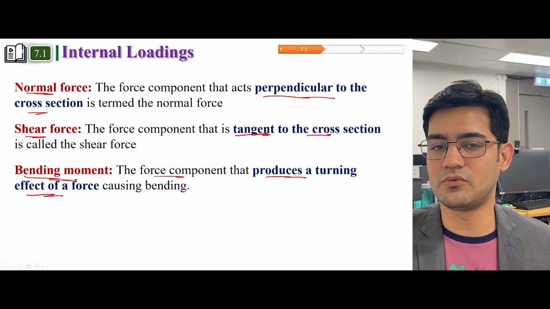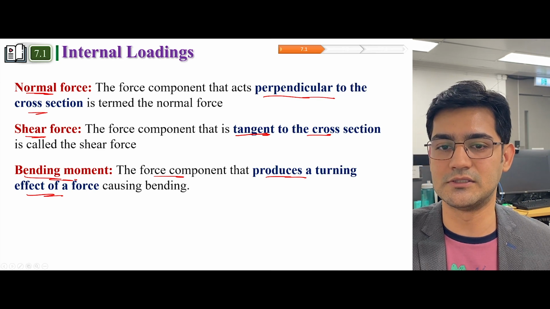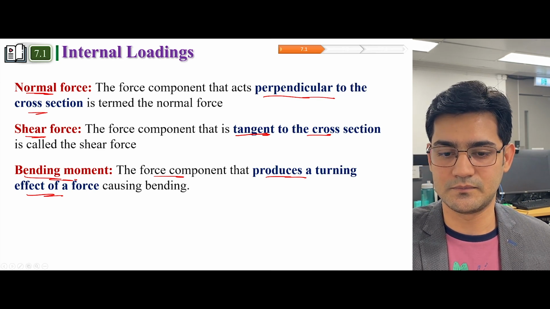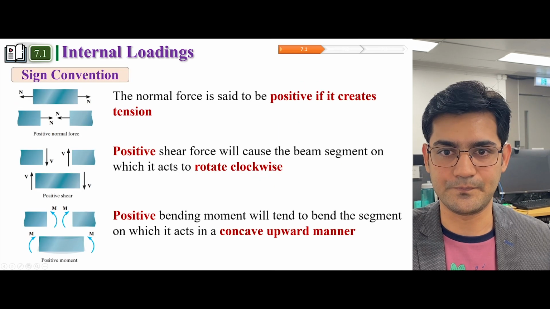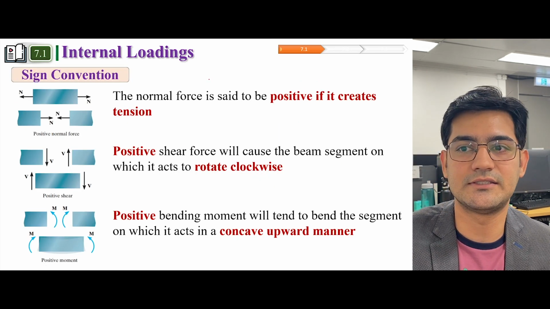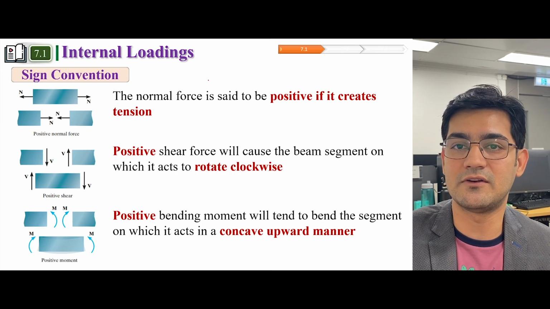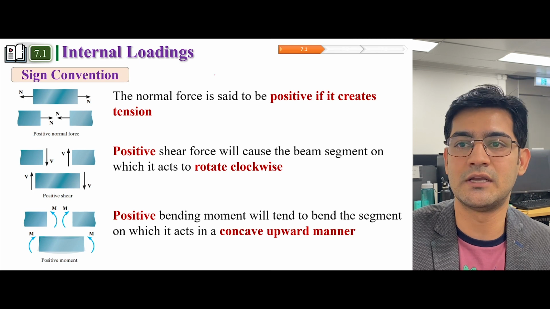Now previously also we studied this bending moment, so we will also have this bending moment because it's a structural member. Now it is also important to understand these sign conventions, because previously we studied sign convention for action and reaction forces.